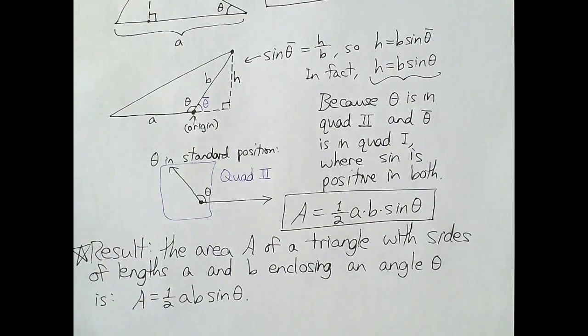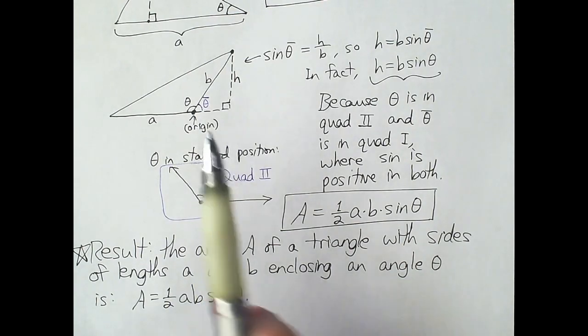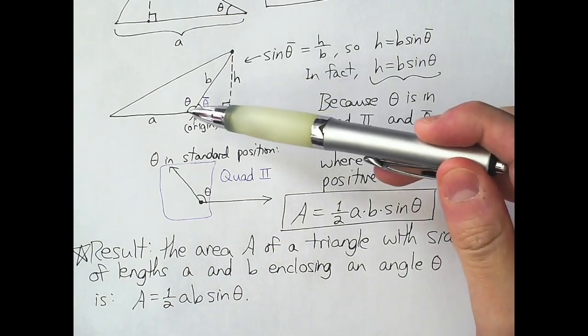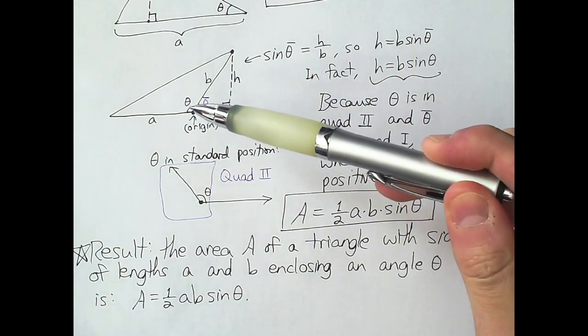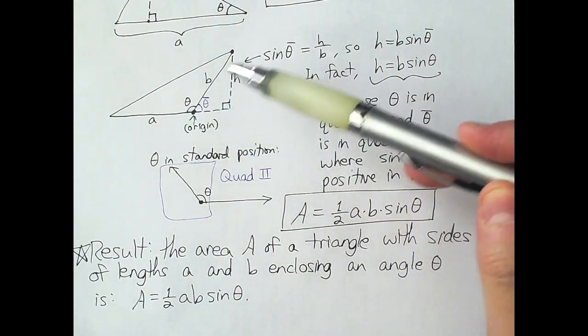All that matters is that it has the 2 side lengths A and B, and the angle, theta, has to be the angle I called enclosing. It has to be the angle formed by A and B.